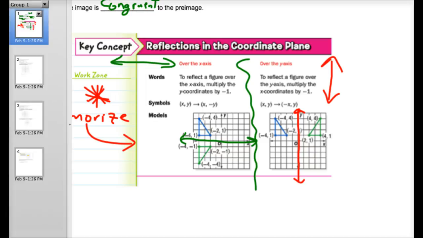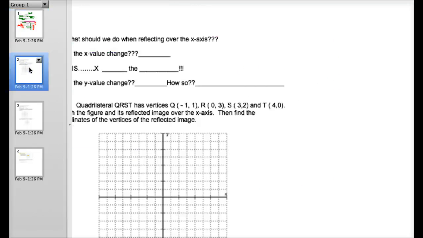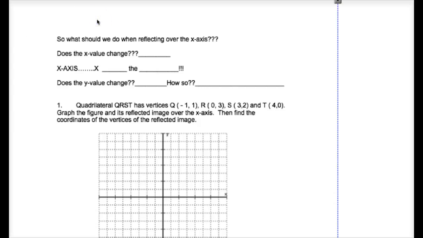Let's try a couple problems to see if you guys can put all this stuff together. Okay, what should we do, guys, when we reflect something over the x-axis? Does the x value change?